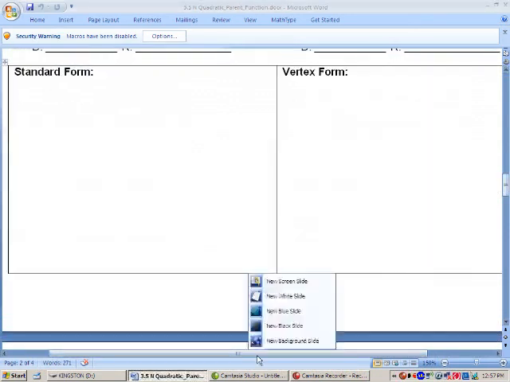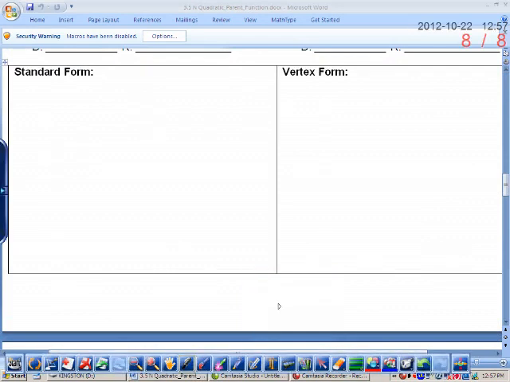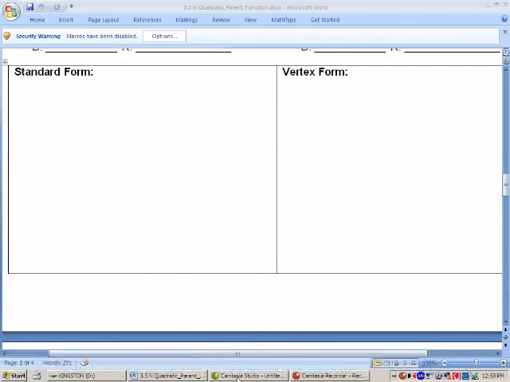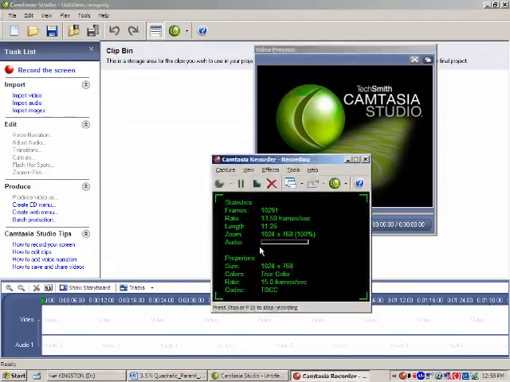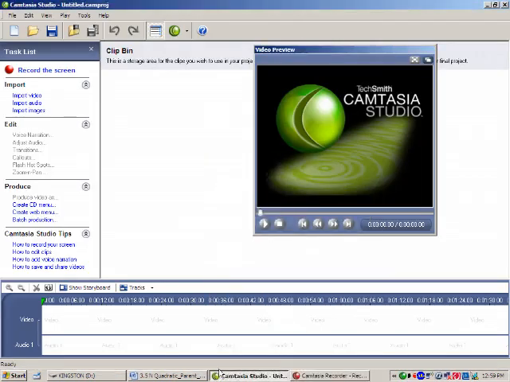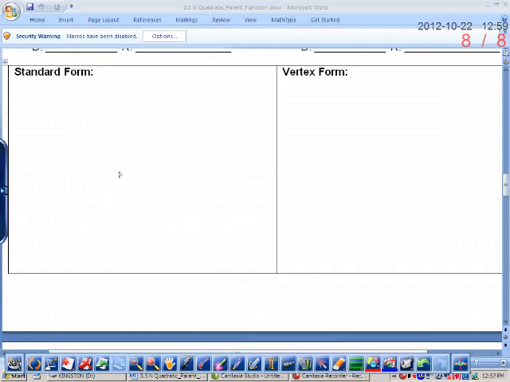Let's talk about the two forms you're really going to see us deal with in quadratics. Standard form and vertex form. Okay, so there's two forms that we're going to pay attention to.